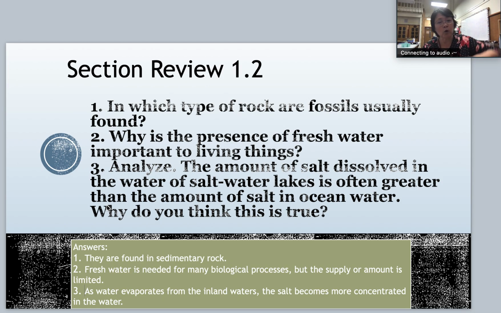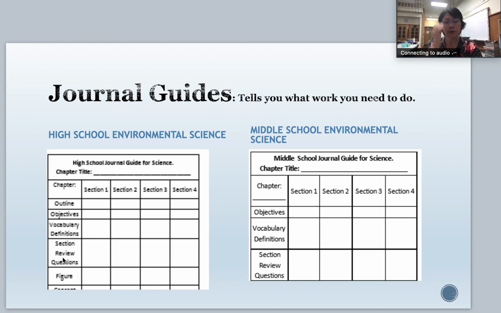You have water evaporating into the atmosphere, so now you have a body of water that has less water, and so there's more salt concentrated as a result. Salt does not evaporate into the air. Water does, H2O. So while water diminishes because of evaporation, the salt content stays the same and therefore increases in concentration. Okay?